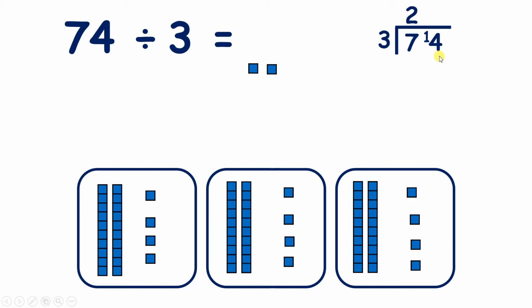So 14 divided by 3 is 4 remainder 2. So we can write 4 above our units, and then remainder 2. So 74 divided by 3 is 24 remainder 2.